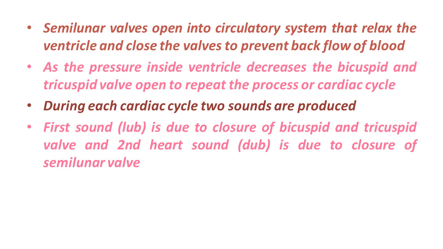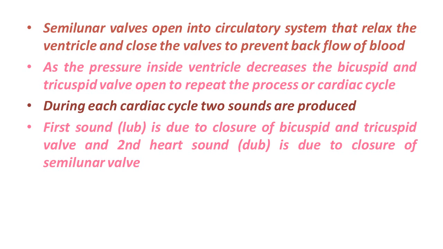So here we have discussed in detail one cardiac cycle, and which events take place gradually. After completion, the SAN generates a new action potential again, and the events are repeated in the same sequence and the process continues.